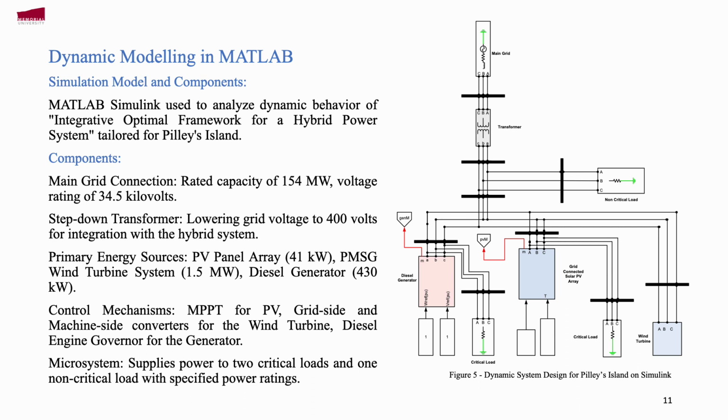The diesel generator, 430 kilowatts, and the controls: the MPPT for PV, grid and machine side converter for the wind turbine, diesel engine governor for the generator. The microsystem supplies power to two critical loads and one non-critical load, with specific power ratings.